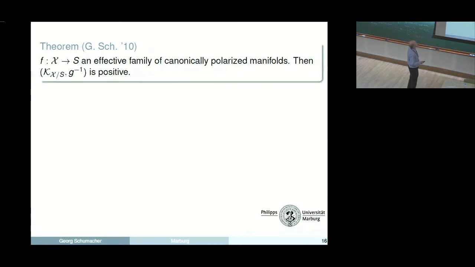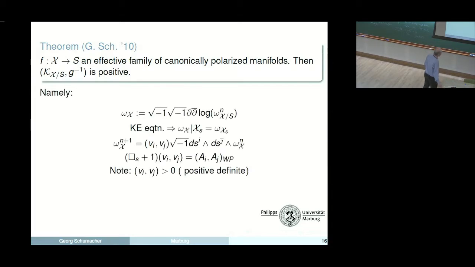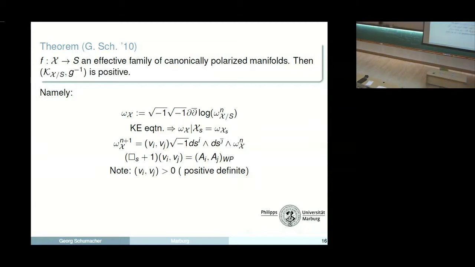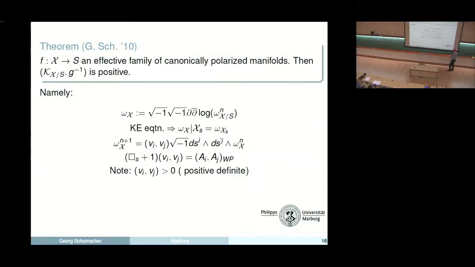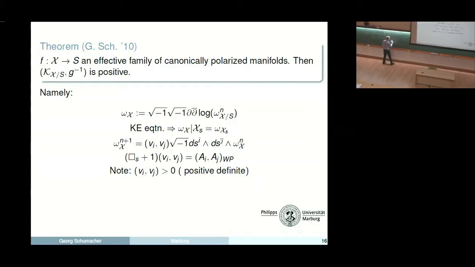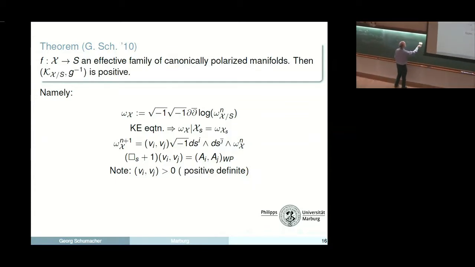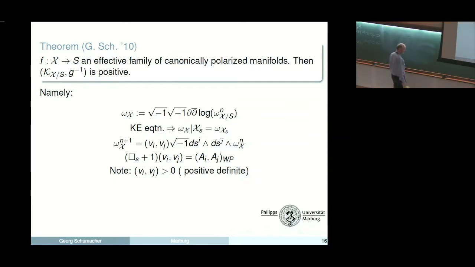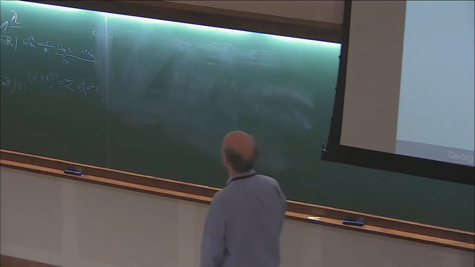Now, here is a theorem we would need, namely the positivity of the relative canonical bundle. And the way to see this is very short, and so it fits on here. So what we do is the following.